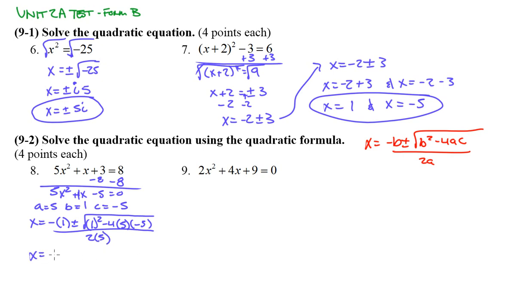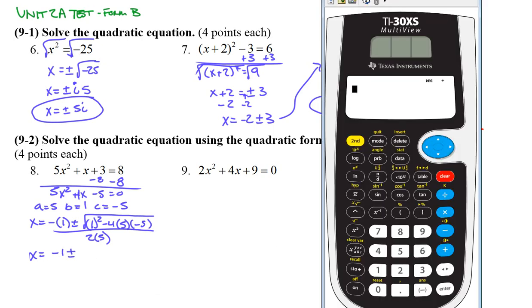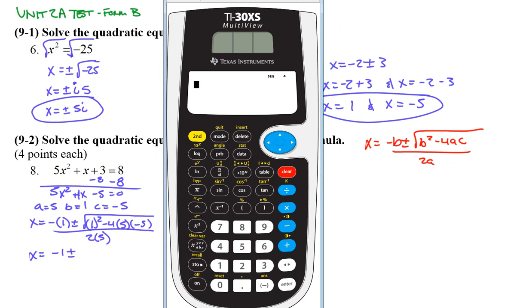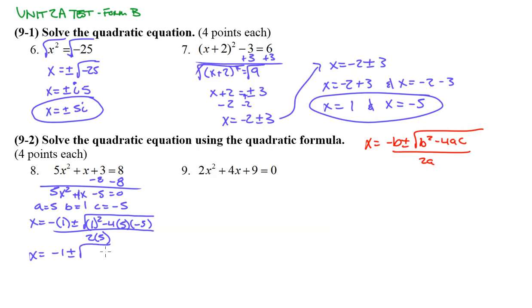So in this one here, we get x equals negative 1 plus or minus, and then let's pull up our calculator to find out what's under our radical here. 1 squared we know is 1, minus 4 times 5 times negative 11, which gives us 221. So under the root we get 221, because we simplified all that, all over 2 times 5, which is 10.